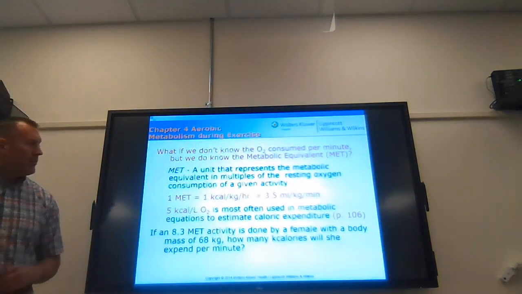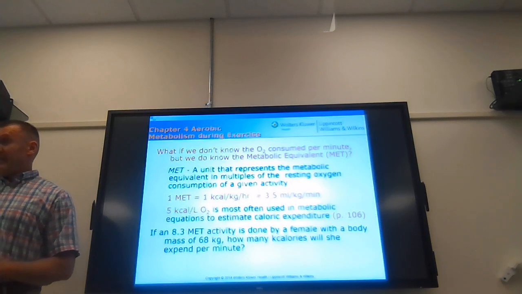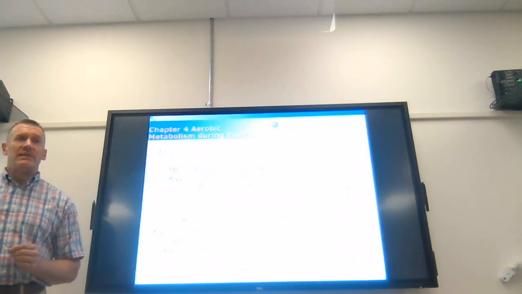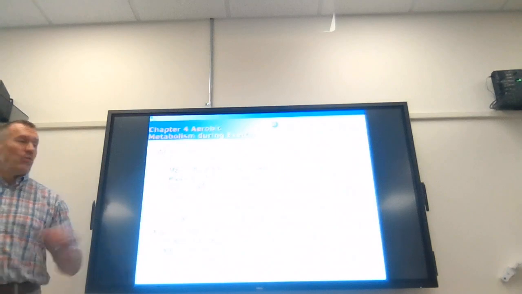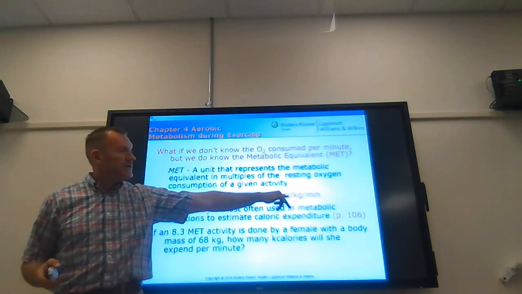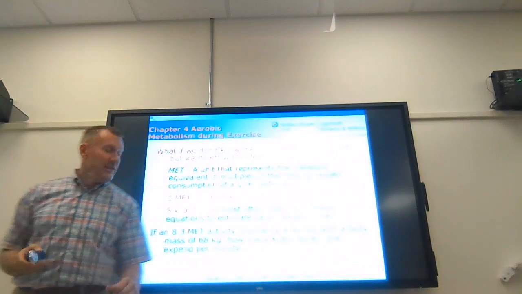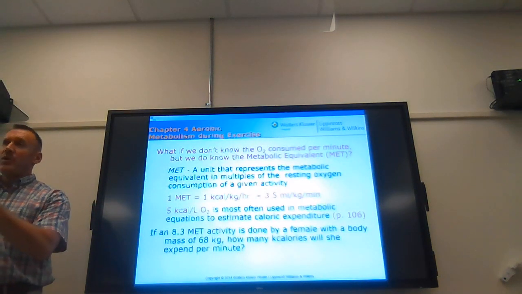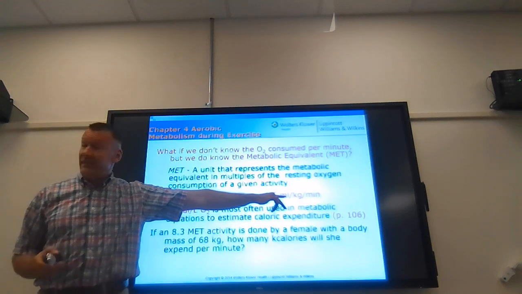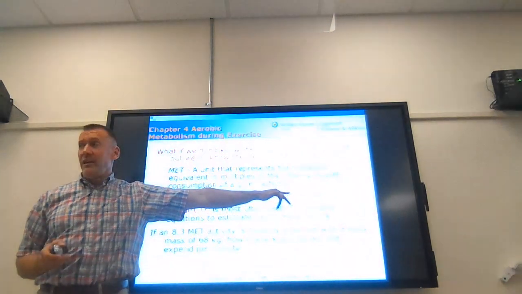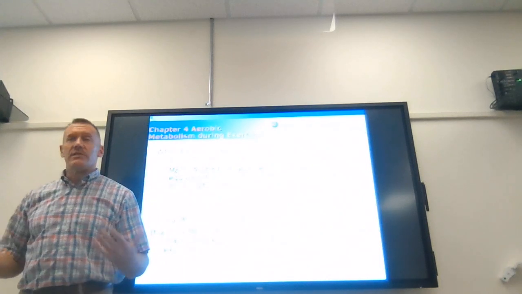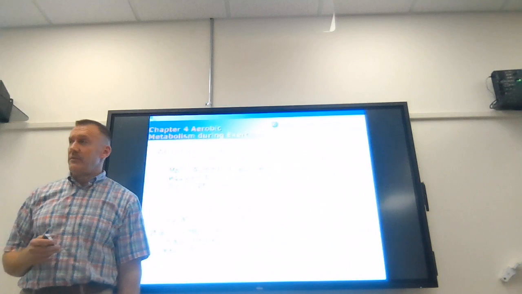Okay, so 8.3 METs. So how would I initially determine oxygen consumption if it's 8.3 METs? So 1 MET is 3.5 mils per kilogram per minute. So if it's 8.3 METs, then I multiply 8.3 by 3.5, right? And I can determine the oxygen consumed for that activity.